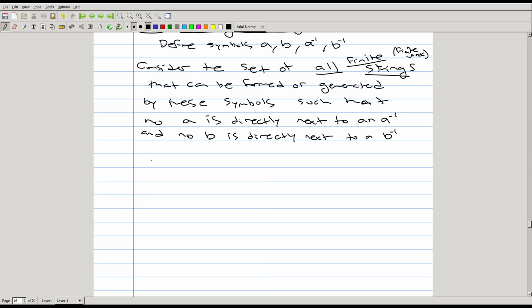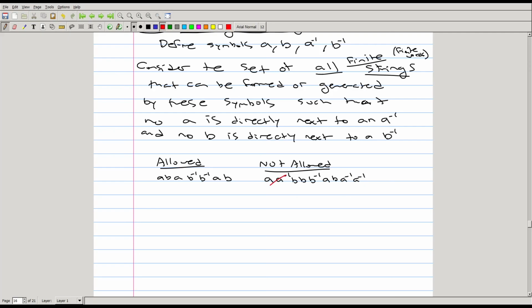So for example, just an example of an allowed string, we have A, B, A, B-1, B-1, A, B, and not allowed is A, A-1, B, B, B-1, A, B, A-1, A-1.